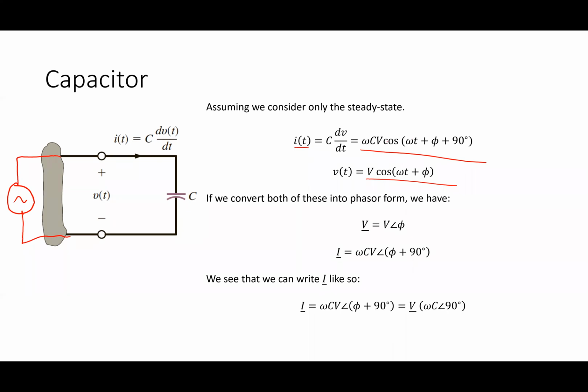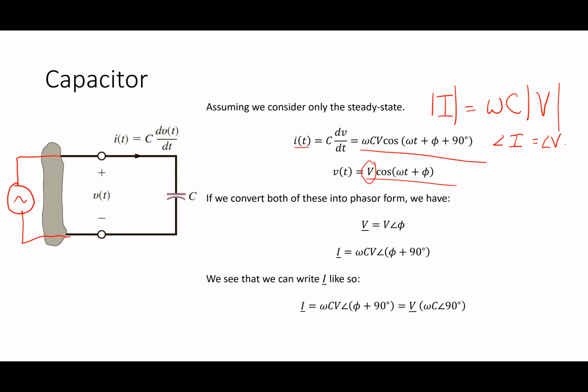The amplitude of the voltage was V. What's the amplitude of the current? Omega C V. So the amplitude of I was omega C times the amplitude of V. And what about the angle of I relative to the angle of the voltage?